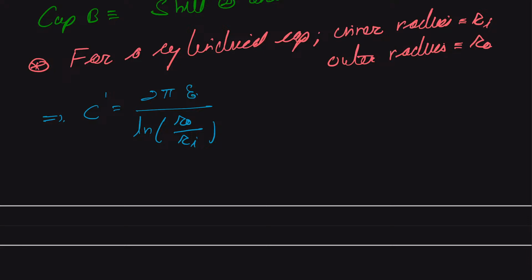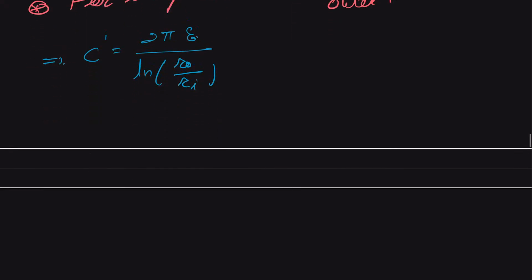And so we are having 2 cylindrical capacitors, so we can apply this formula in 2 parts. One is Ca prime, which is equal to 2 pi epsilon naught upon natural log of outer 2r over inner r. So this comes as 2 pi epsilon naught upon natural log of 2.